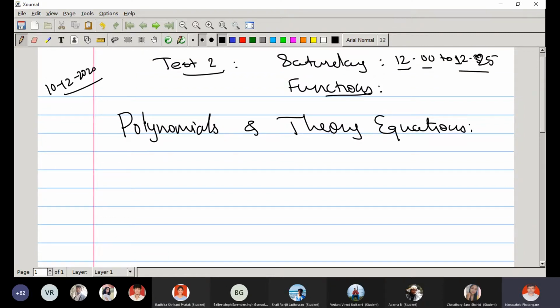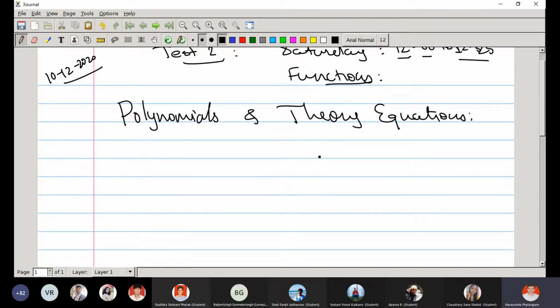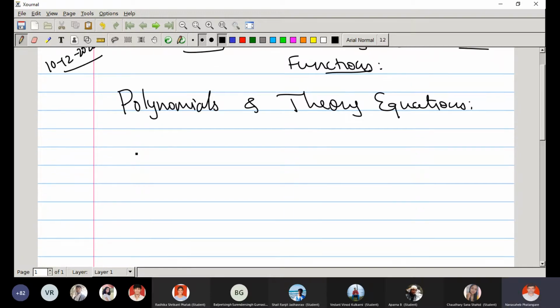We'll mostly discuss up to degree 3, or in some cases degree 4, right? While discussing relations, we discussed integers and what properties of integers we discussed.